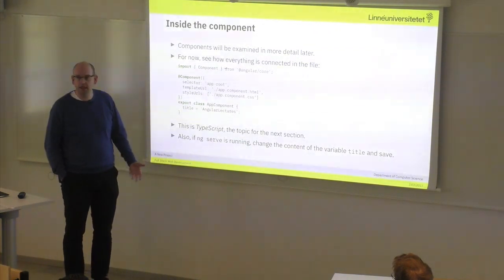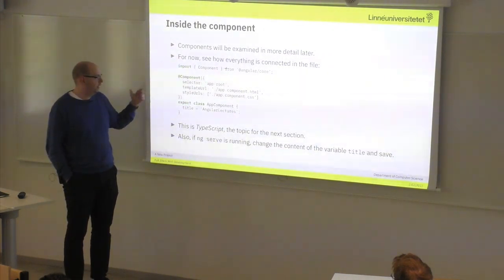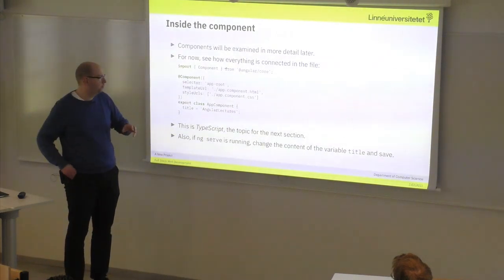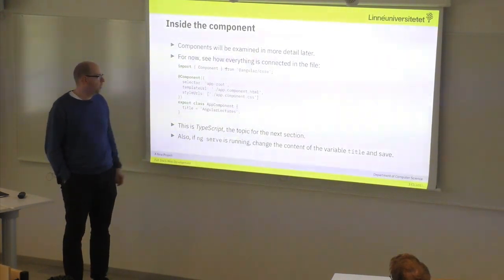But what we can see here is that this file, app.component.ts, contains everything that makes this component by saying that the selector, the element, the tag for it should be app-root. If we change this, we need to change it in the other place as well.